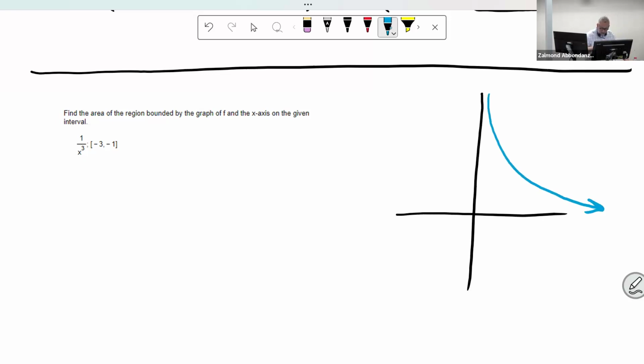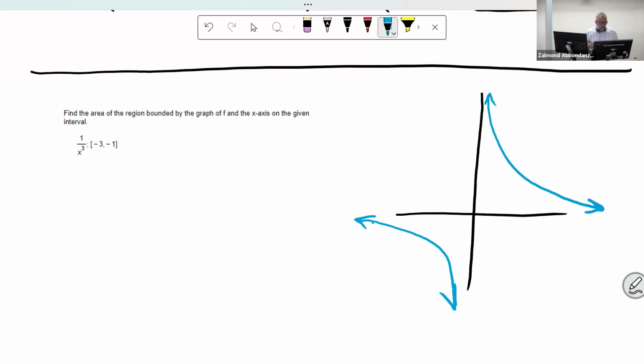I'm sure the curves are not exactly like this, but generally like that. On the other side, it would be the same, except everything would be negative because x cubed preserves the sign of the x value. So it would look like that, approaching zero here. Always negative to the left of zero, always positive to the right. Okay, is that okay so far? That's just the basic graph of 1 over x cubed.